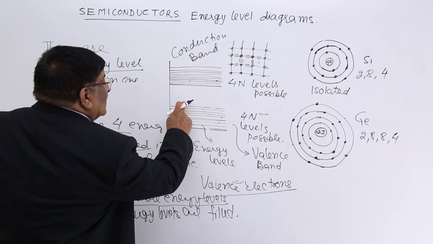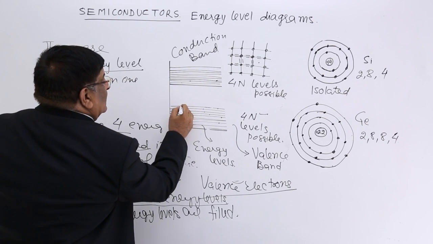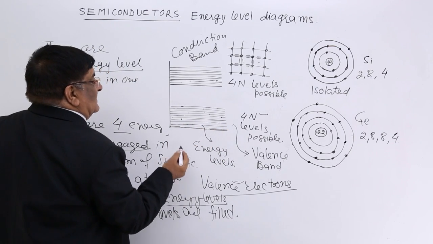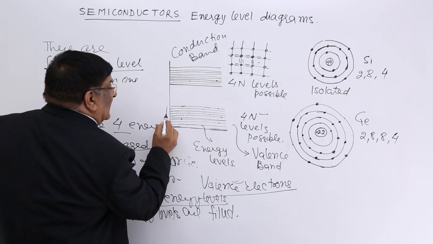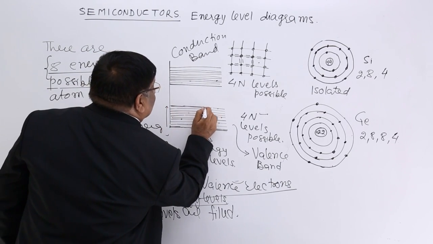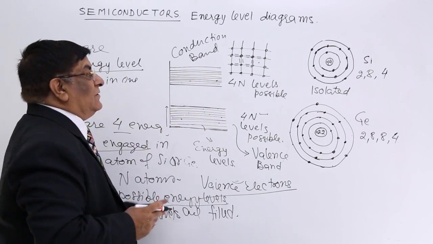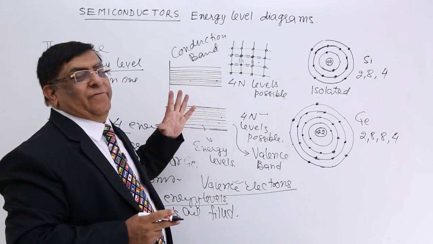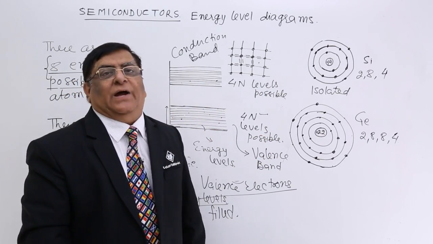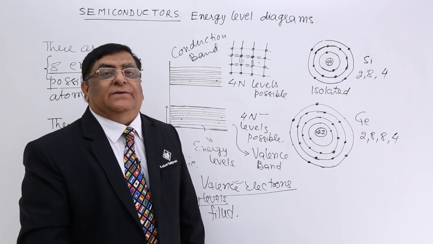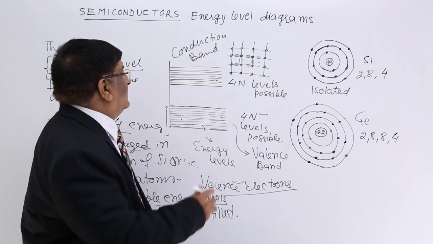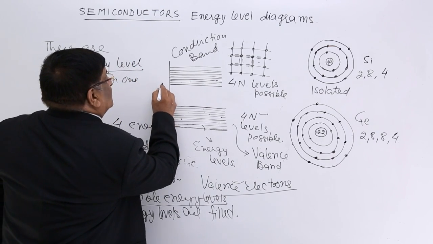Now you see this is a gap. Why is there a gap? Because we find that electrons doing valency are not having energy more than this. This is the maximum energy an electron doing the valency job has, not more than this. The minimum energy required for an electron to be a free electron is this much.